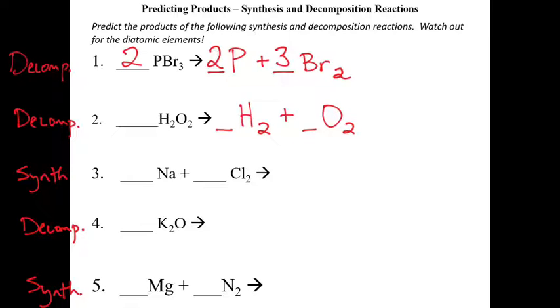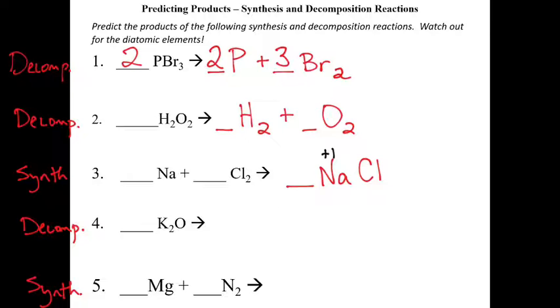Next up, we've got a synthesis reaction. With synthesis reactions, you're going to put your elements together. When you put the elements together and they make an ionic compound, like a metal and a nonmetal, you need to make sure the charges of those ions balance out to 0. So for instance, if I were to put together sodium and chlorine in synthesis, I'm going to put together the 2 elements. After I put them together, I want to double check my charges. What's the charge of a sodium ion? +1.